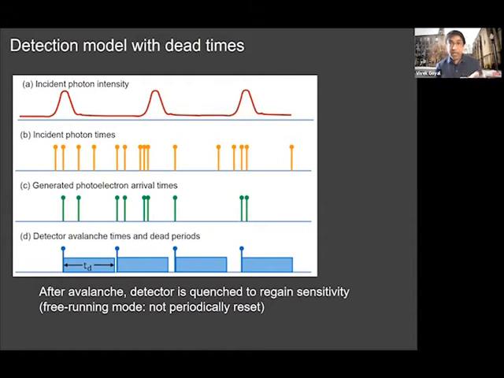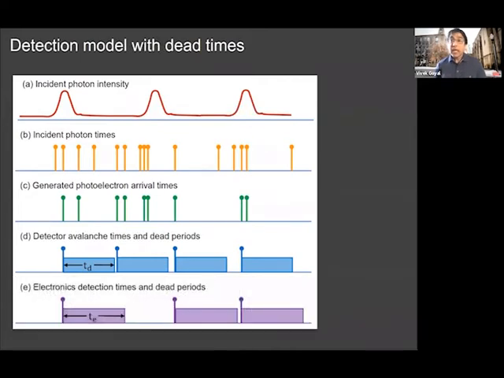What's illustrated is a free running mode without periodic resets. A time-correlated single-photon counting module also has an electronics dead time, which here is denoted by T sub E. If that electronics dead time exceeds the detector dead time, T sub d, then it's also significant and causes missed clicks.